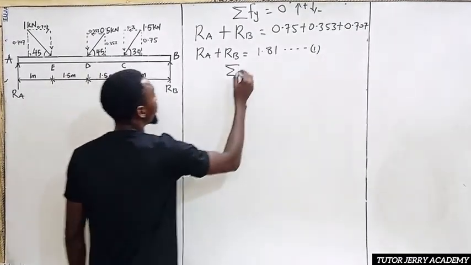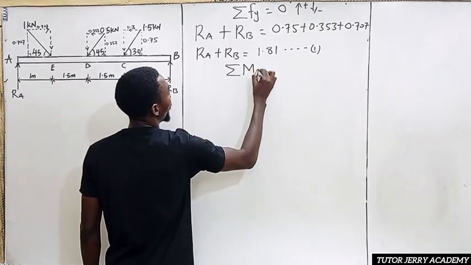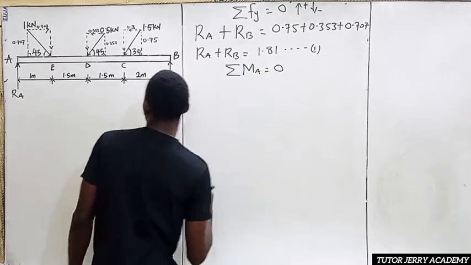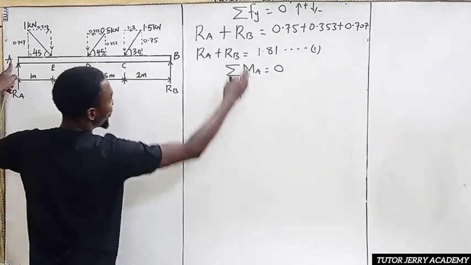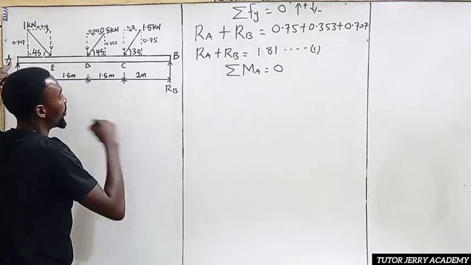Now, the moment about point A equals 0. If we stand at point A, we are taking moment in this direction, so we are still using upward force positive, downward force negative.